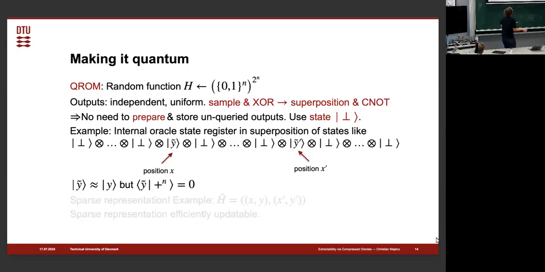Then C naught is used to answer the query, and afterwards the replacement unitary is applied one more time. So if the output was not used, it's returned to the bottom state. If the output was used, it will be stored in this internal state. Oh, okay.